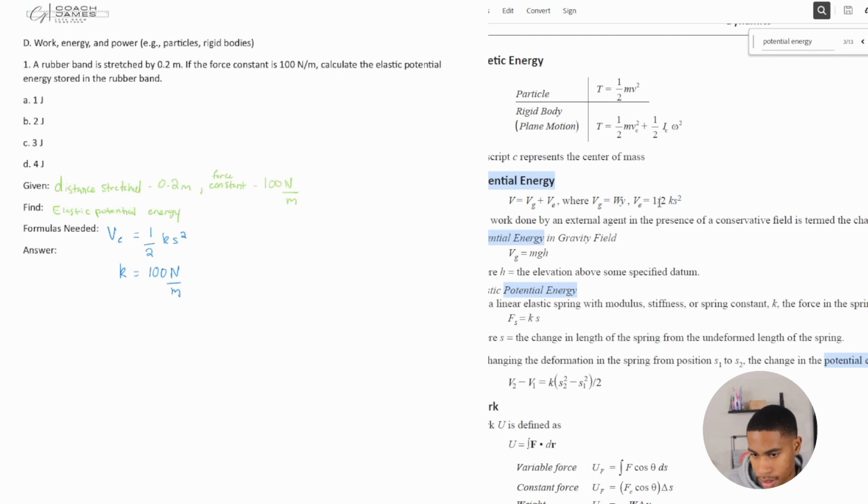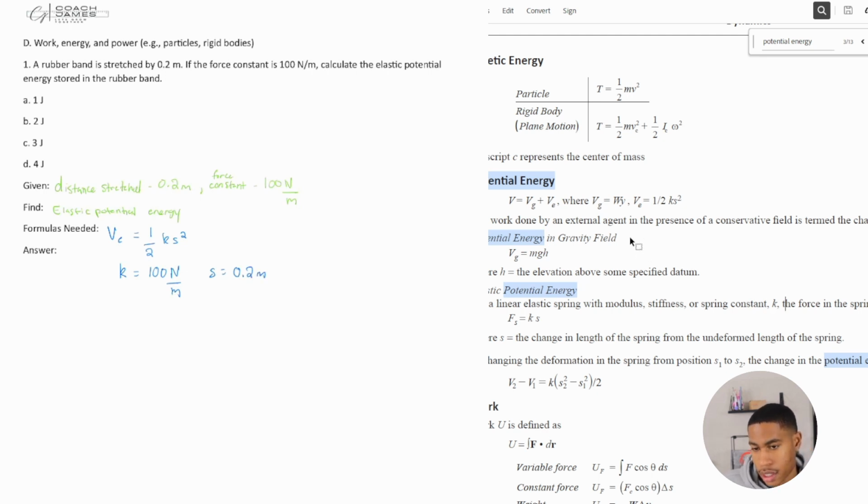And then what is s? Well, s for a spring is the change in length of the spring. It's a little different for a rubber band, but for us, our s will be the change in length for our rubber band. So s is equal to 0.2 meters, the stretch.